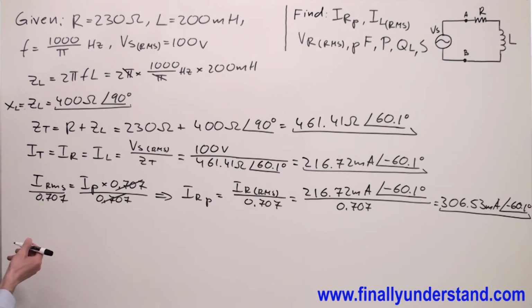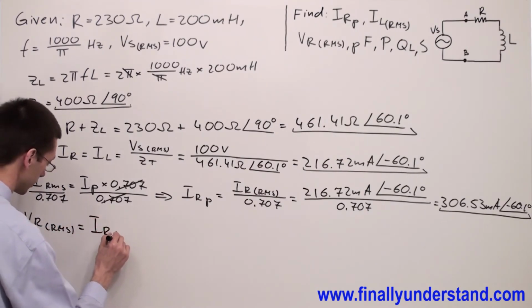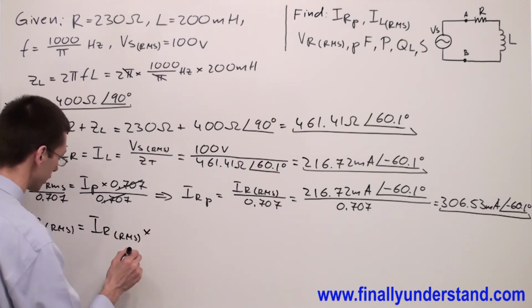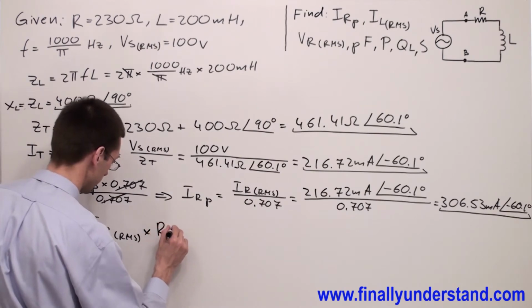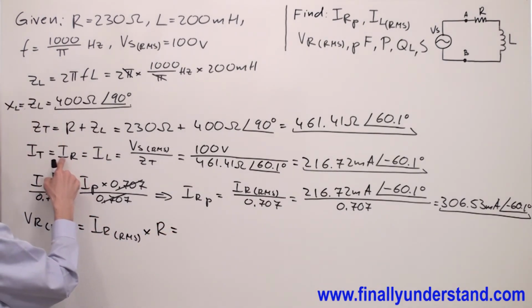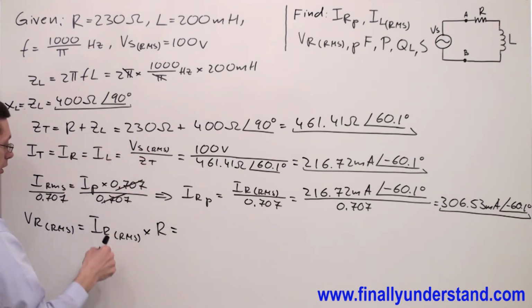In order to find VR RMS, I'm going to use the Ohm's law. So VR RMS is equal IR RMS times resistance, where IR RMS, we said this is the RMS current because we divide voltage source RMS by Z total.